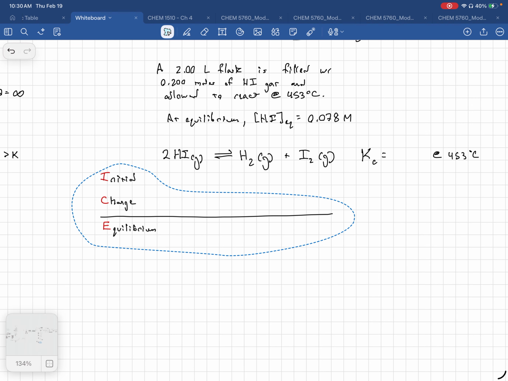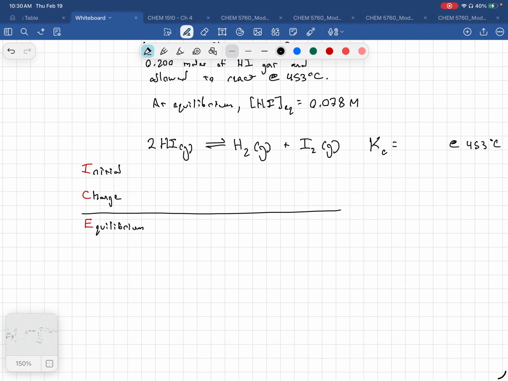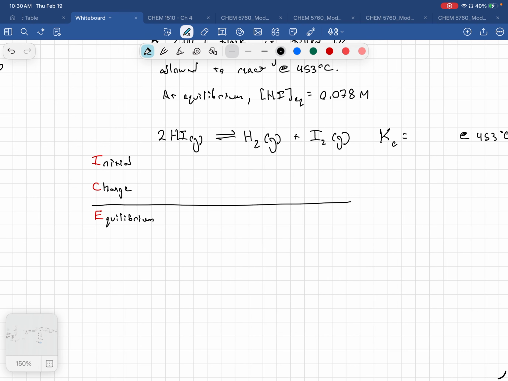So ICE. And so the way that this table works, okay, is that the sum of the initial row and the change row, in this case in terms of concentration, but you can do ICE tables with pressures as well, will equal what the equilibrium concentrations or pressures are.